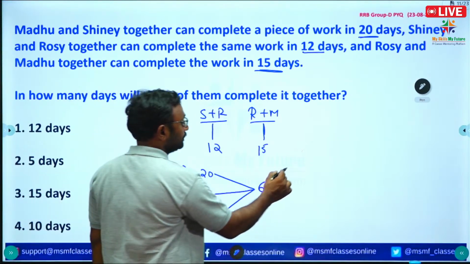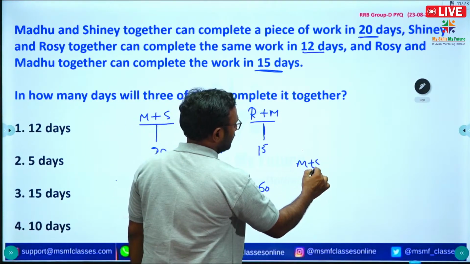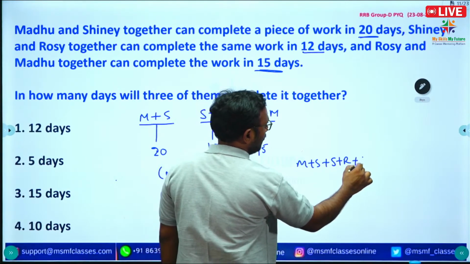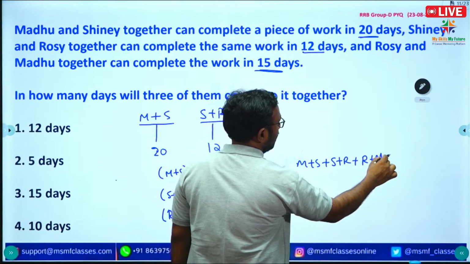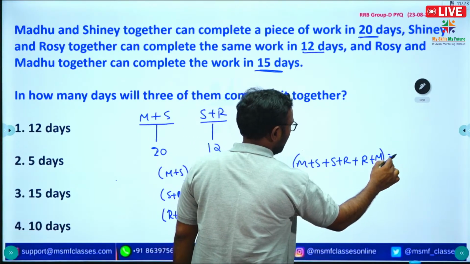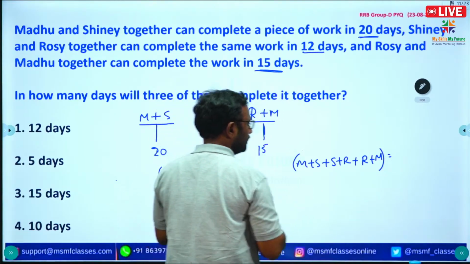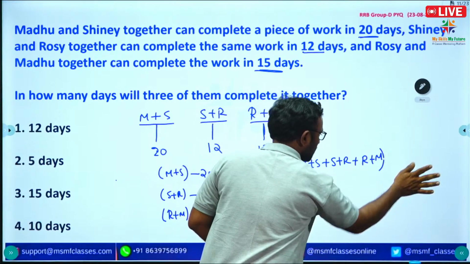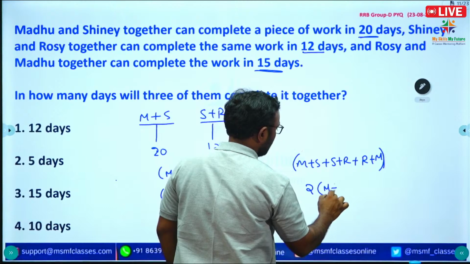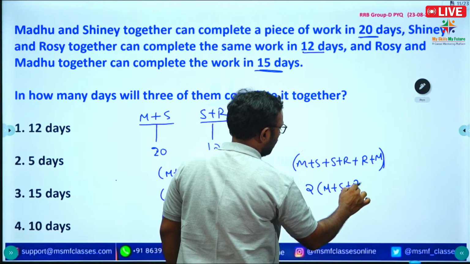Here we have Madhu and Sinhe, Sinhe and Roshi, Roshi and Madhu, each pair having two persons, so simply take 2 times (m plus s plus r).